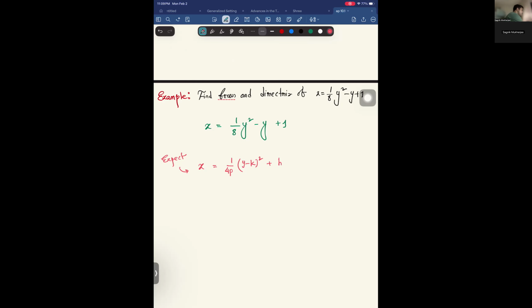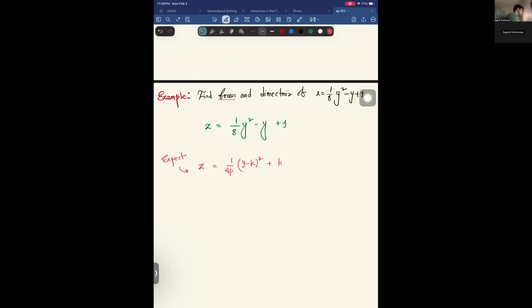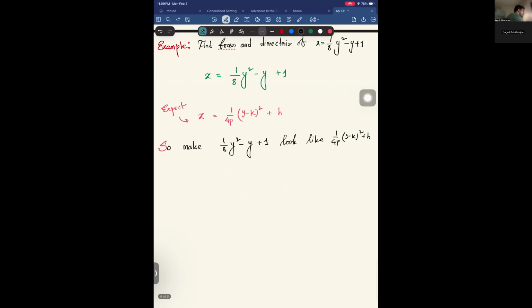So somehow you have to make the right hand side look like this: 1 over 4p (y minus k) whole square plus h. And how do you do it? Very simple.